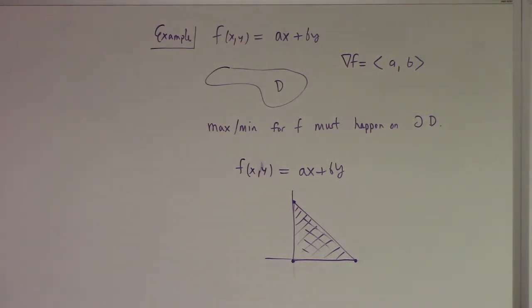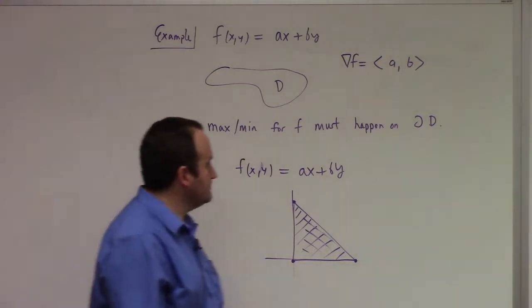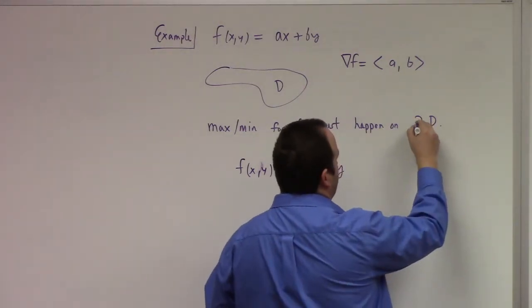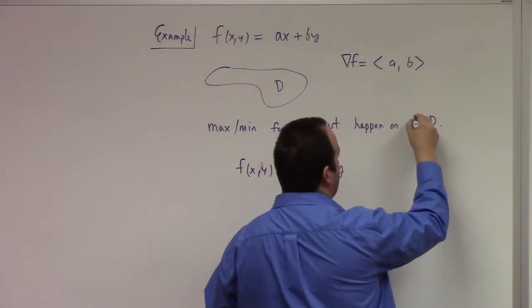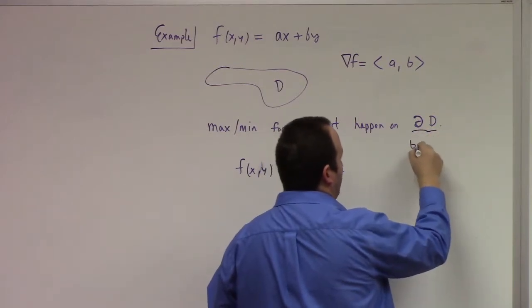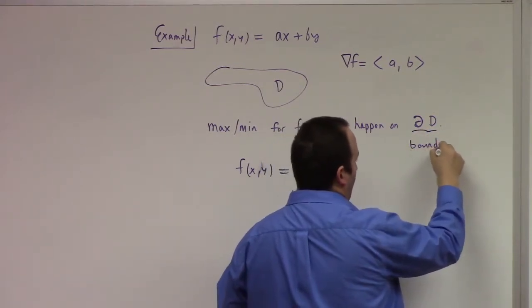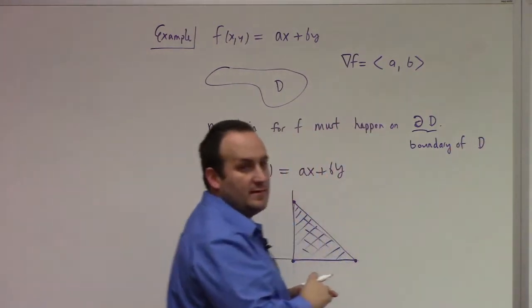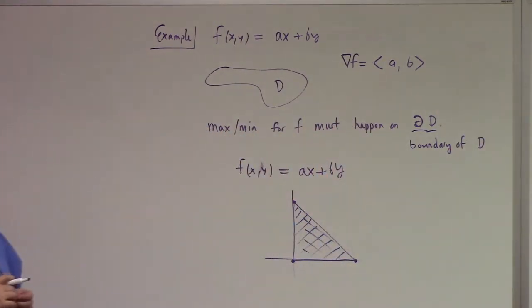Okay, that symbol at the end, that's not the partial derivative. No, so this symbol is the symbol for the boundary of a shape. So this is the boundary of D. You were flabbergasted that it looks exactly like partial D?